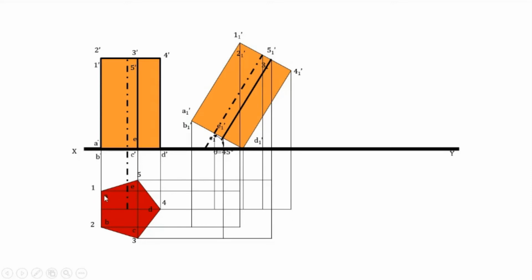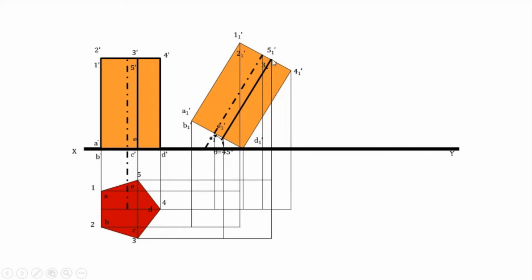Like if you want to mark 1, this locus represents 1, and in the front view this is the projector corresponding to 1, so this is the point 1. Likewise 2 can be marked. 2 is here, and the locus of 2 is here, so this is point 2. Point 3 is somewhere here, and this line has to be extended to here.